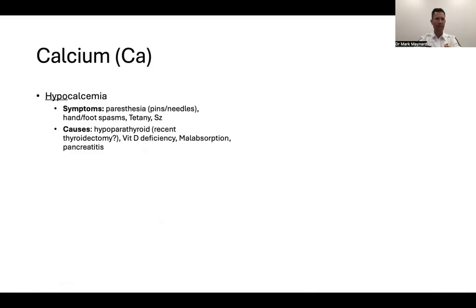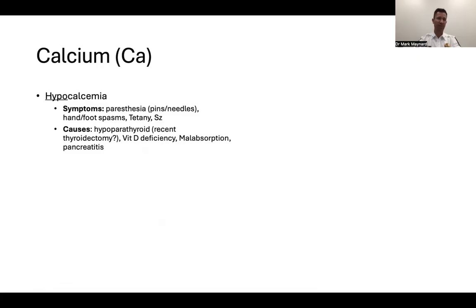Now, what could cause hypoparathyroid? Well, if you had your thyroid removed recently, the parathyroid, as the name implies, is right next to the thyroid. In fact, surgeons tell me that it's basically indistinguishable from the thyroid.